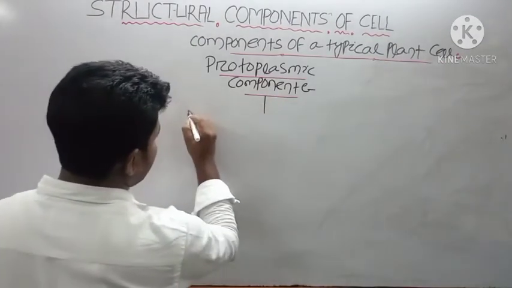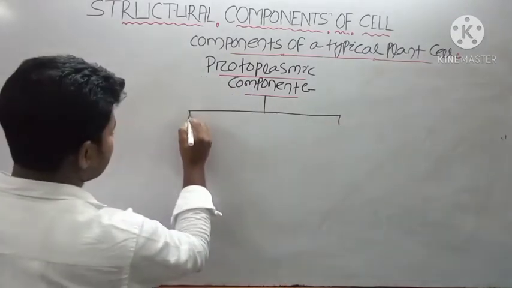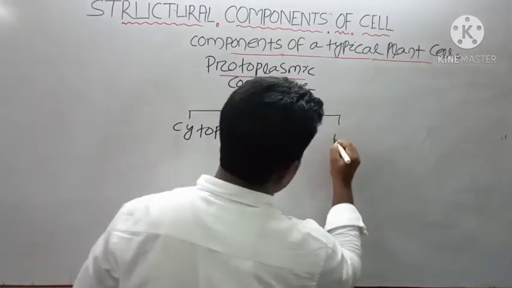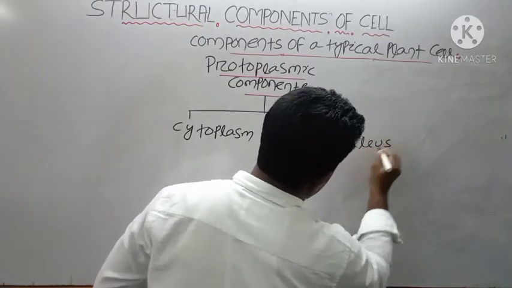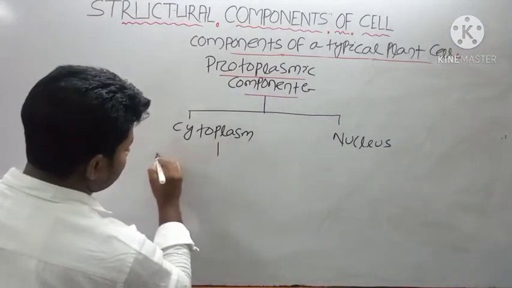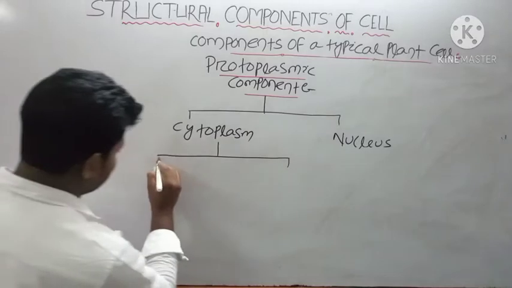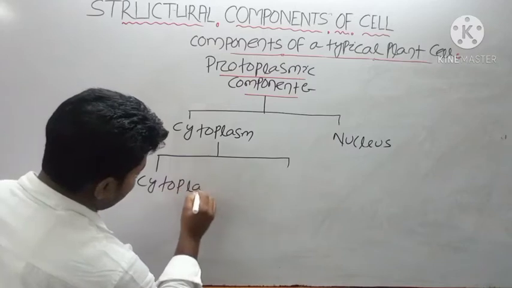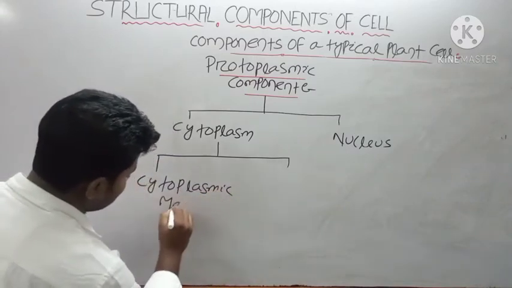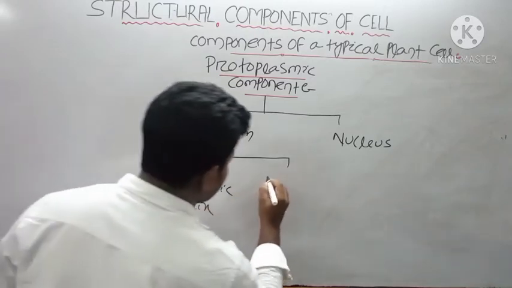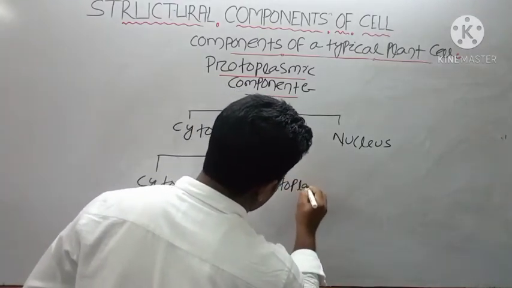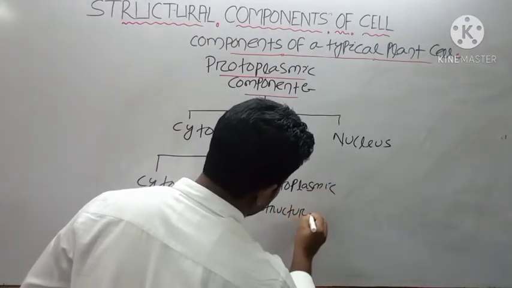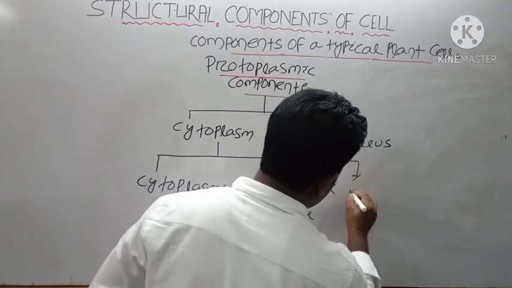The protoplasmic component is divisible into two types, that is cytoplasm and nucleus. Then cytoplasm is divisible into three types: cytoplasmic matrix, cytoplasmic structure, and vacuole.